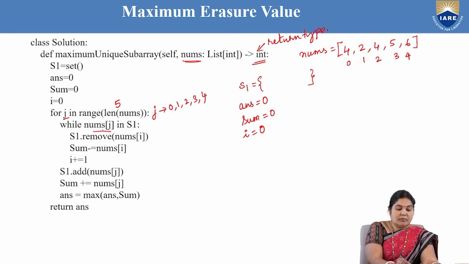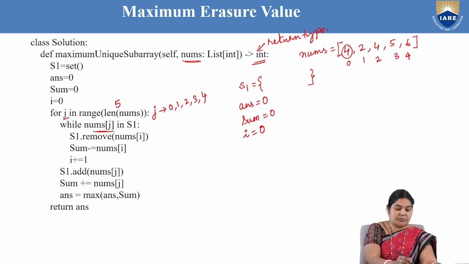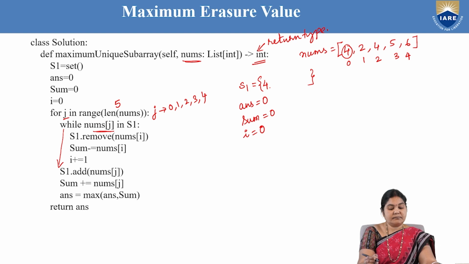Now let us analyze this solution. While nums of j is in S1, what is nums of j? Nums of j, for j equal to 0, is 4. Is 4 in set S1? No, it is not in set S1. So we will come out of this while loop and we will add that number 4 to the set, and also add it to the sum to find the maximum sum, which is 4.